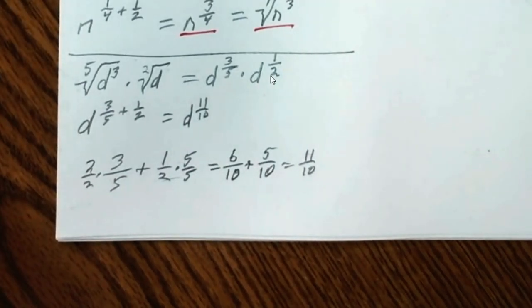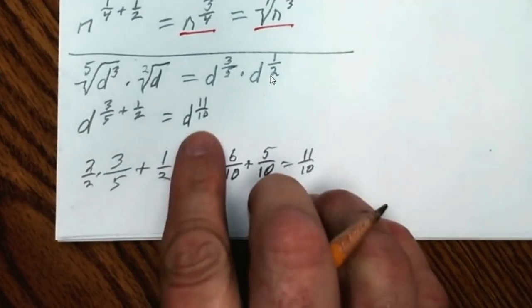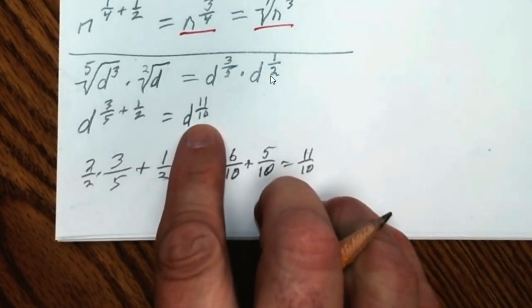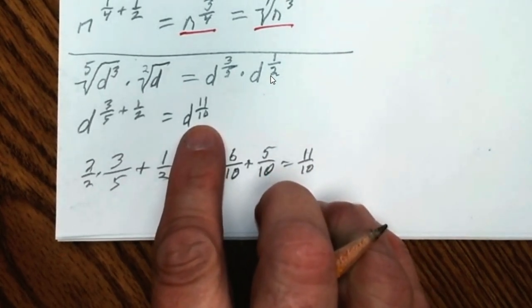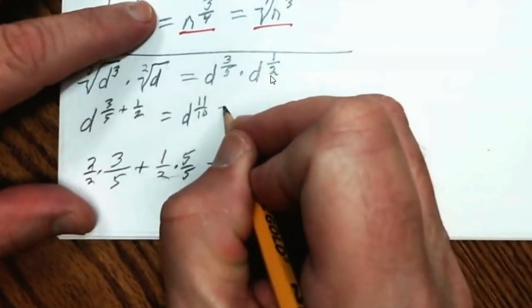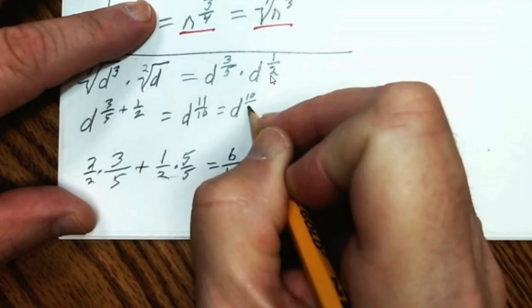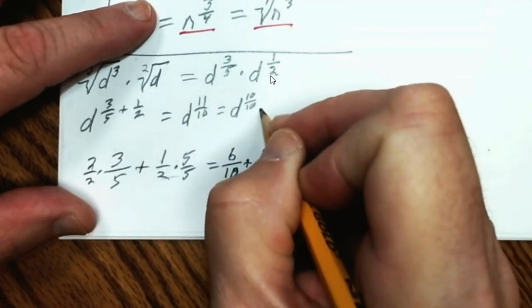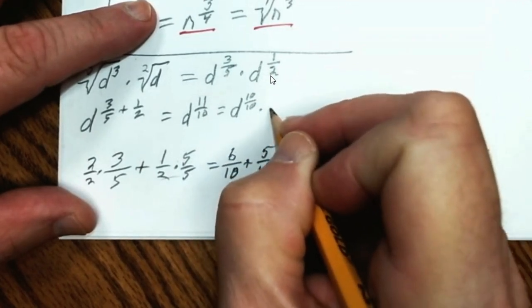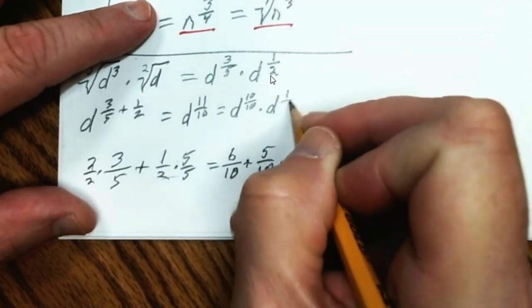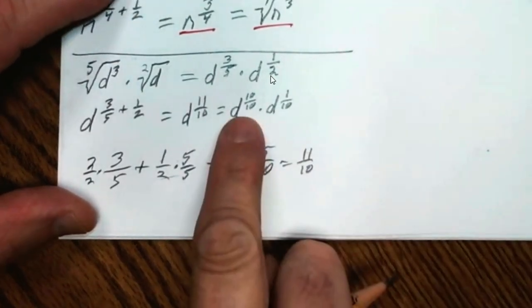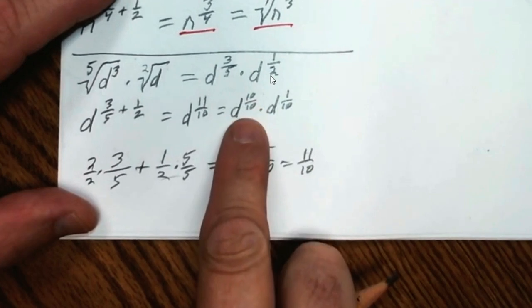Now this is a little different case because this is more than 1, right? 11 tenths. 10 tenths is 1. So this is the same thing as d to the 10 tenths times d to the 1/10. And this is just 1. 10 divided by 10 is 1.